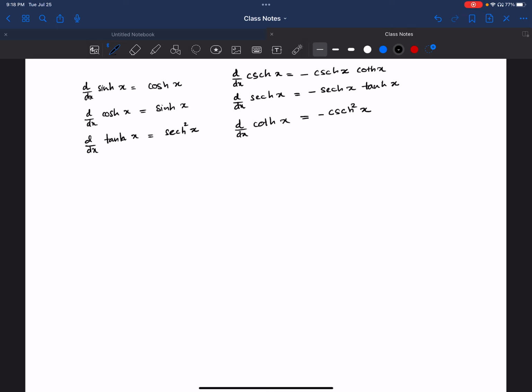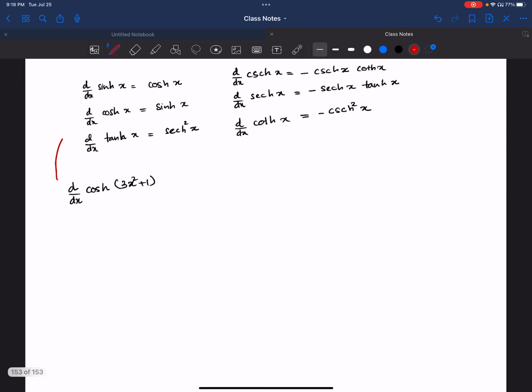So the first example that we're going to look at is d over dx hyperbolic cosine 3x squared plus 1. So what we can do is take this as u and then apply the chain rule.